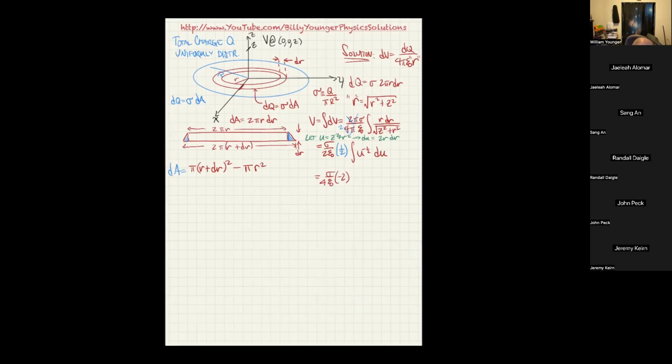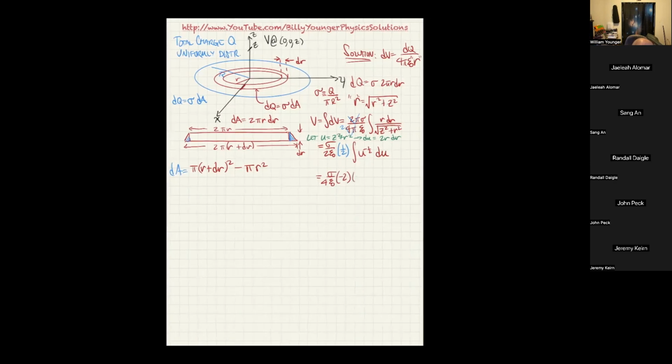And now I'm going to have the u function, which is z squared plus r squared, to the negative 1/2 plus 2/2, which would be positive 1/2. So it's going to be to the 1/2 power. Now I've got to do the range of integration, which is from r equals 0 to big R.